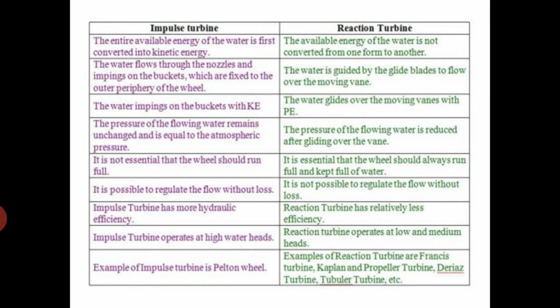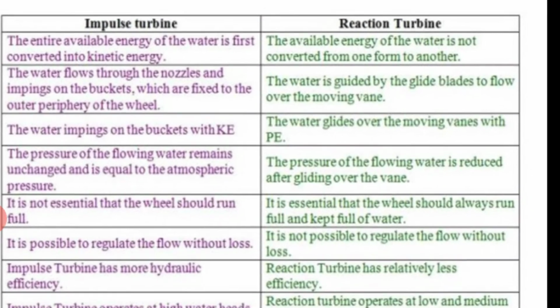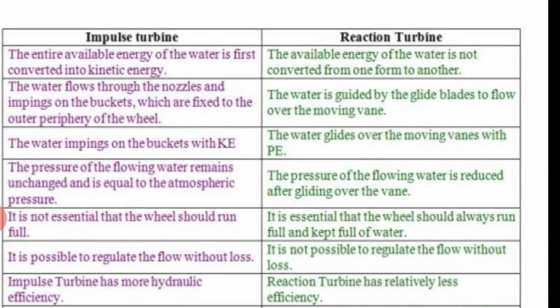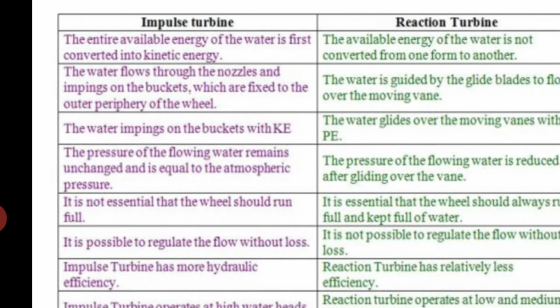So what is the difference? The first difference is that in an impulse turbine, the entire available energy of the water is first converted into kinetic energy. In the reaction turbine, the available energy of the water is not converted from one form to the other.